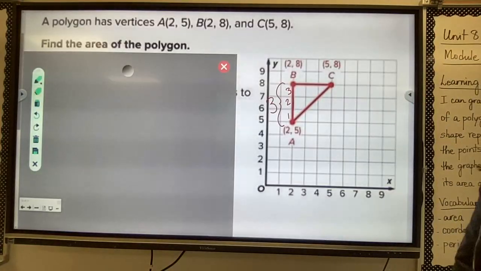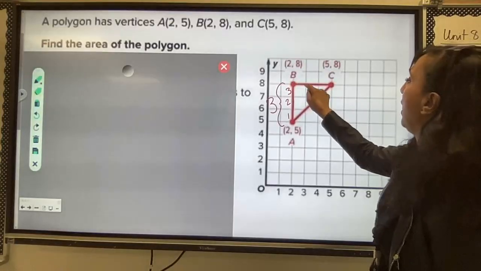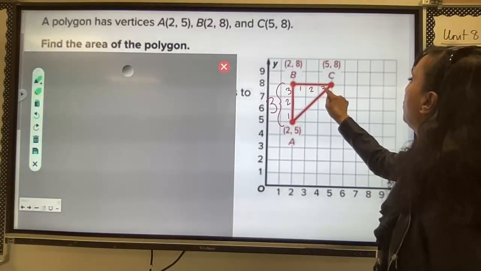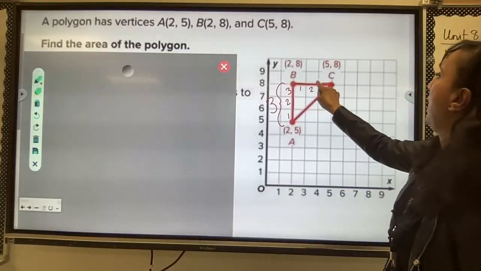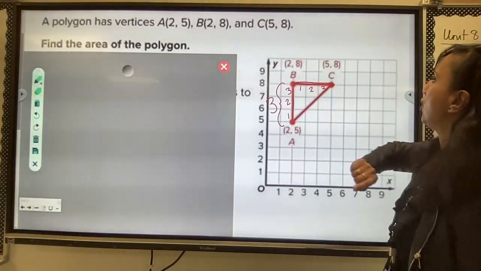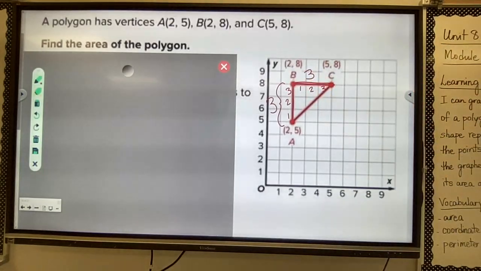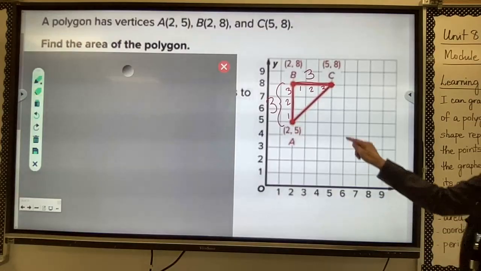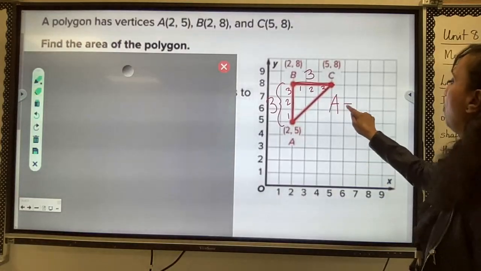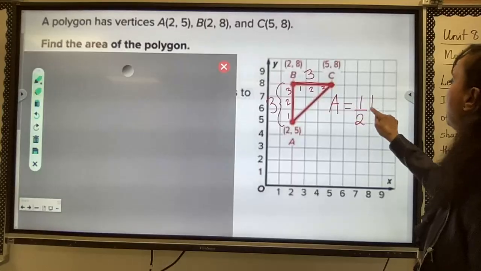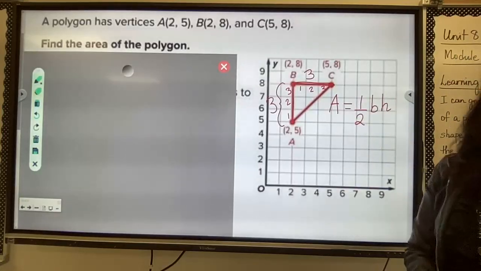Then I look at the length of segment BC, which is here, and again this is 1, 2, 3, or I can say 5 minus 2, which gives me 3. So now I have this measure, all right? So once again, what is the area of a triangle? It is 1/2 base times height.